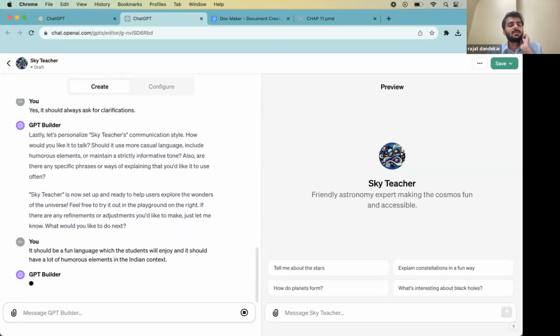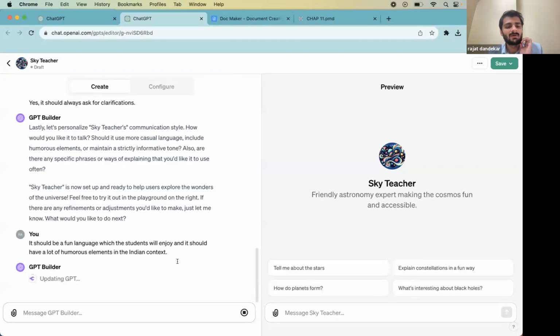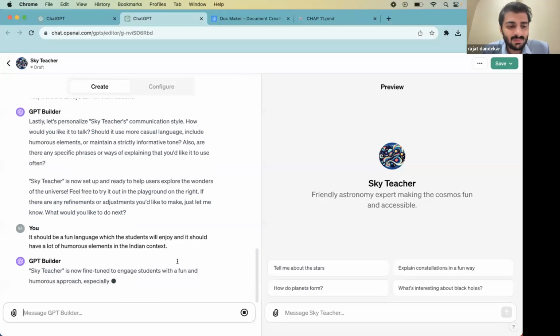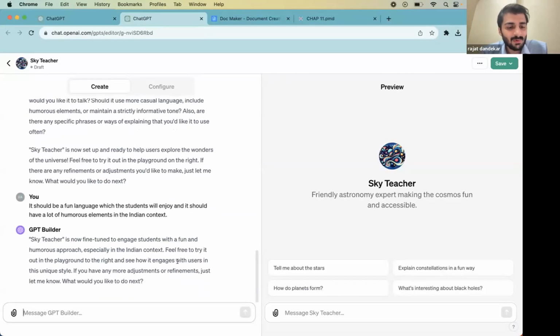Okay, so this is the final step in which we are describing the tone of the GPT which we wanted to have. So now it's again updating the GPT, and after that, we'll see how to publish our own GPT and how to share it with people. So now it's done. Sky Teacher is now fine-tuned to engage with students with a fun and humorous approach in the Indian context.